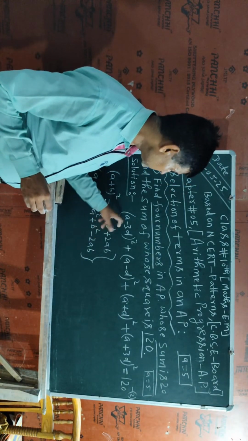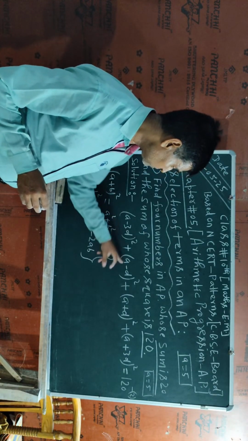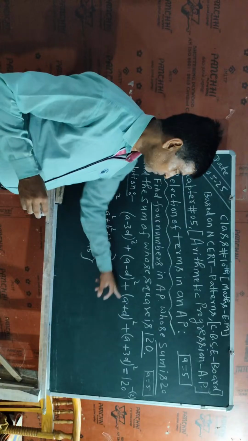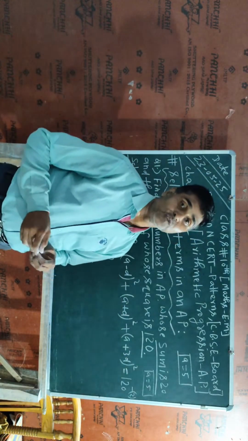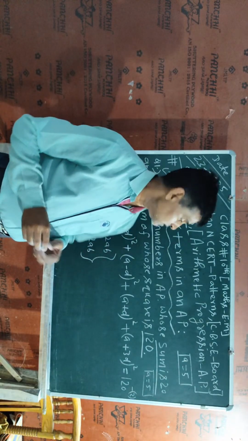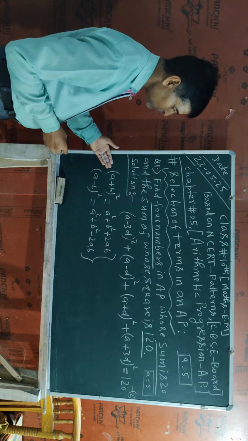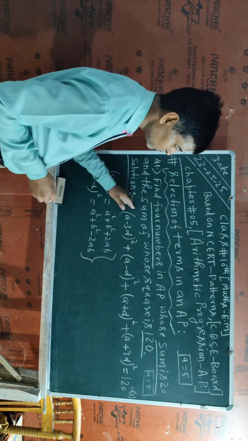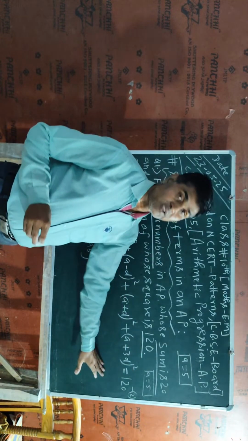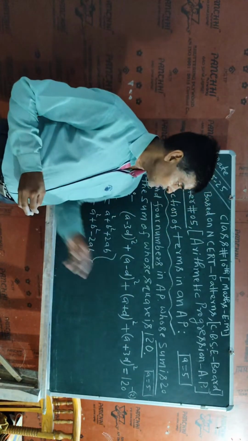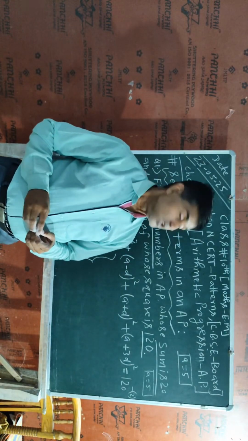Now here I am writing (a minus 3d) whole square plus (a minus d) whole square plus (a plus d) whole square plus (a plus 3d) whole square, which is equal to 120, as given in the question. Now I will use this formula for simplifying it. After simplifying I will substitute the value of a in the given expression and then simplify to get the value of d.